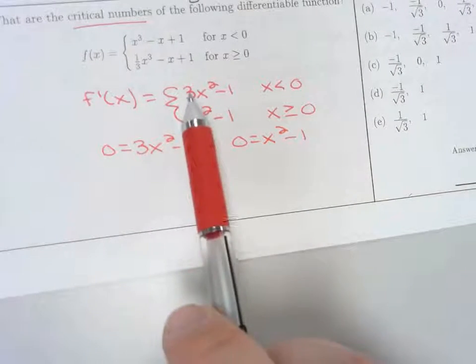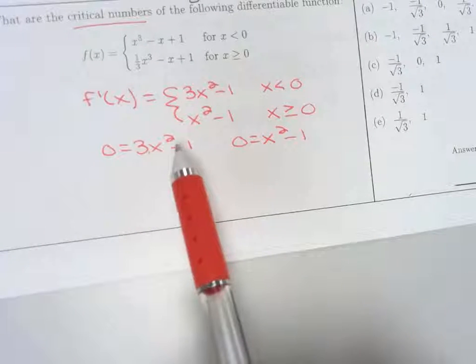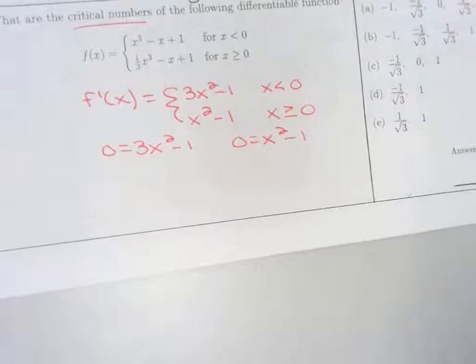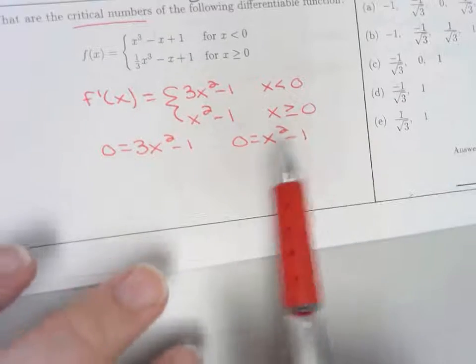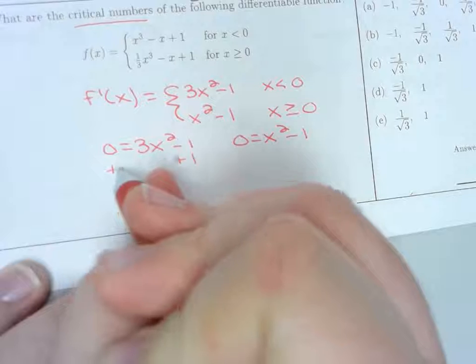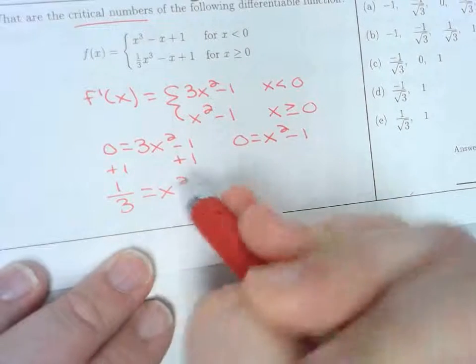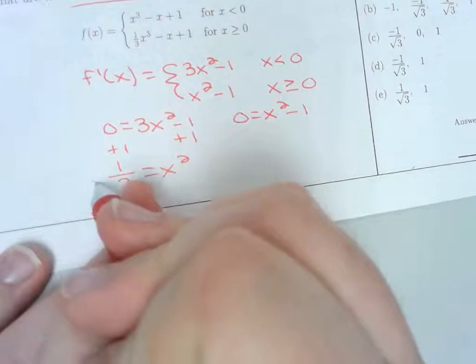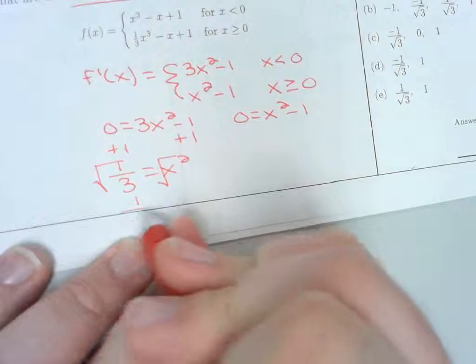To find the critical numbers, it's where the first derivative is undefined, which we're not going to have because we have polynomials. It's also where the first derivative is equal to 0. So we set each part equal to 0, add 1, so 1/3 equals x squared, divide by 3, square root, so 1 over square root of 3.